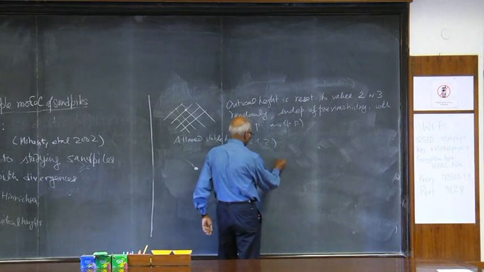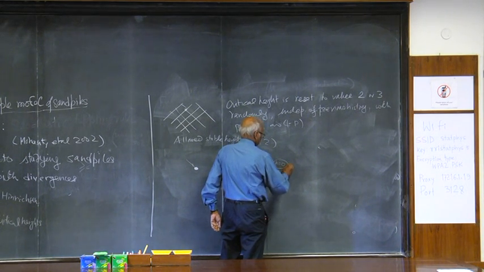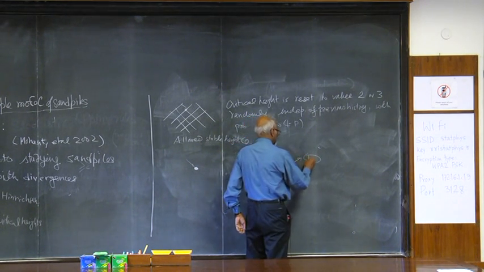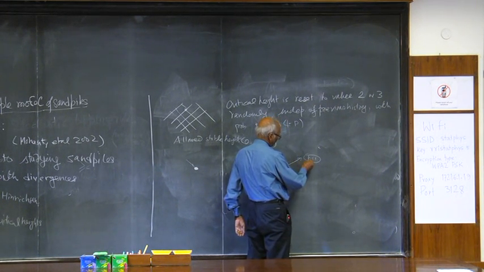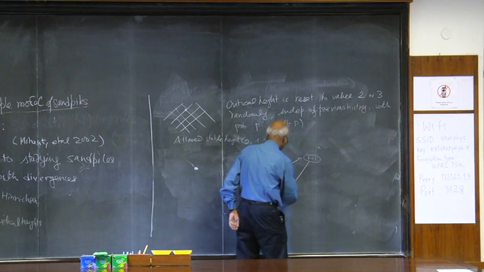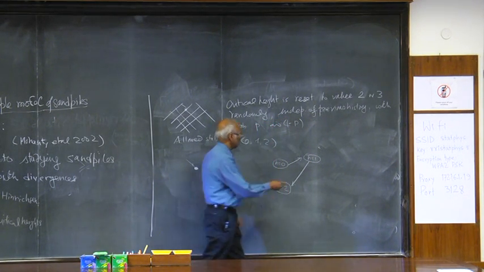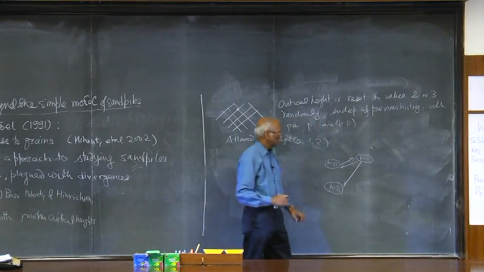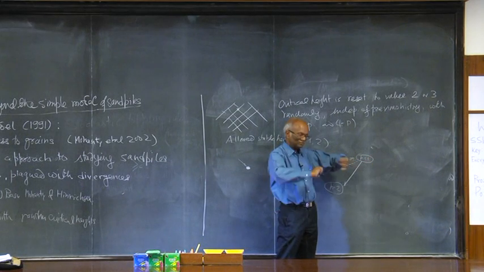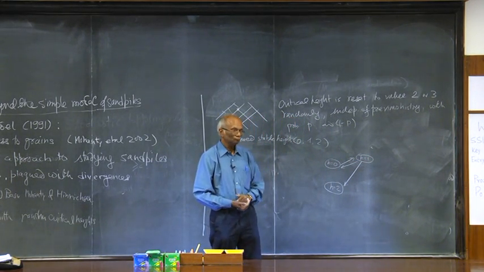So, let us draw it like this, there is a configuration with h equal to 0, it goes into a configuration with h equal to 1, h equal to 1 can go into a configuration with h equal to 2, or it may go to a configuration with h equal to 0, because what happens is that the height which is randomly reset when you add the particle may be 2.